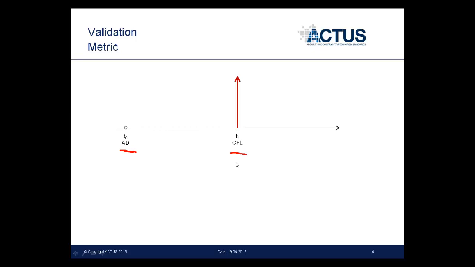The size is given by the arrow's length. The size of the cash flow and its time, T1, we get by asking the lawyer or the banker that created the contract. Now we model the exact same financial contract using our ACTUS contract types.